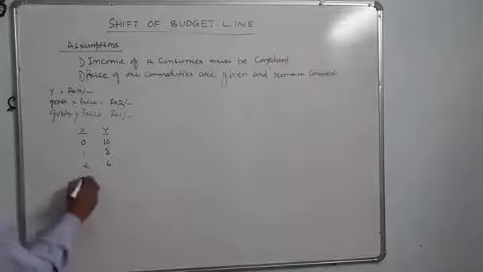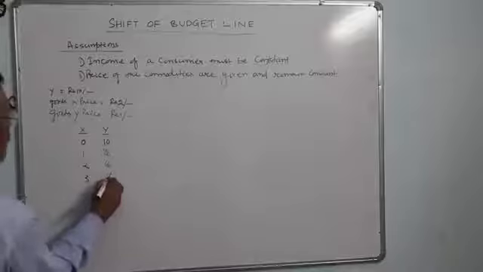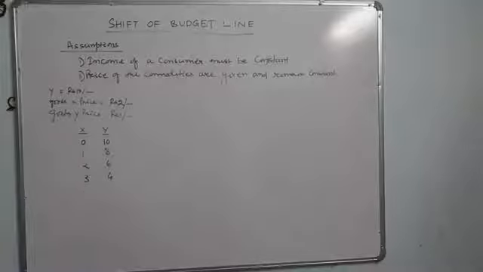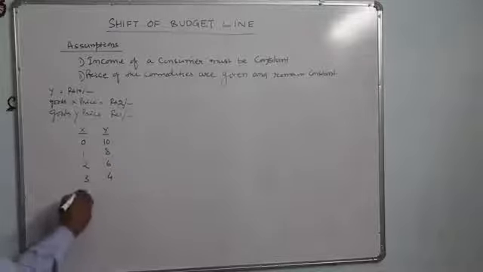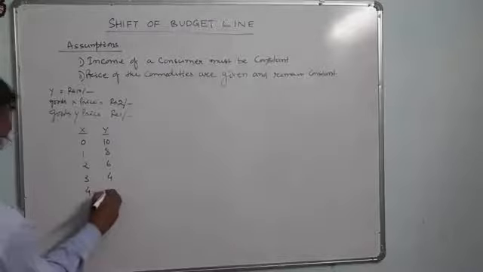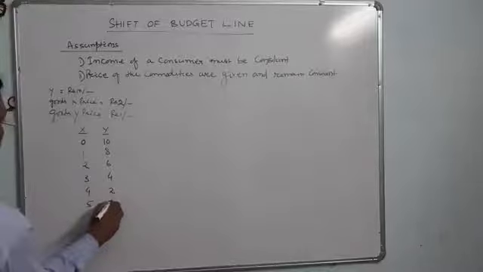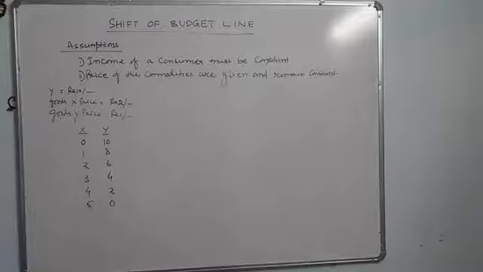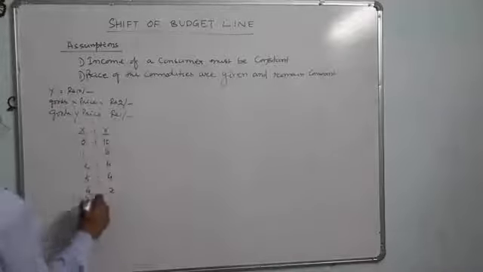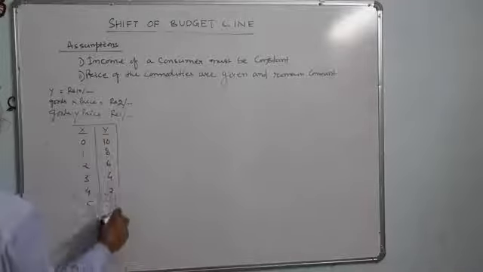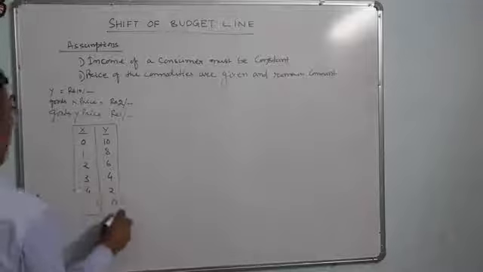X goods is 3 units, Y goods is 4 units. X goods is 4 units, Y goods is 2 units. X goods is 5 units, Y goods is 0 units. This was our example where we were discussing the budget line.